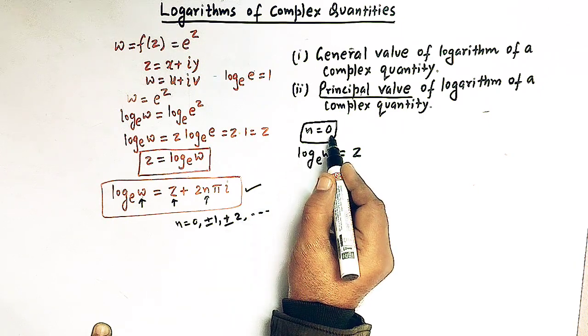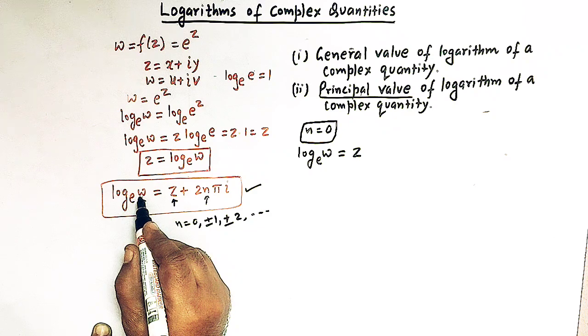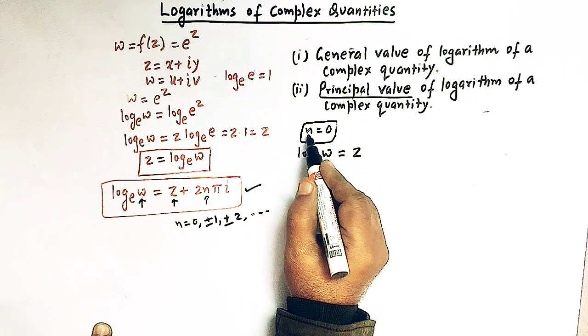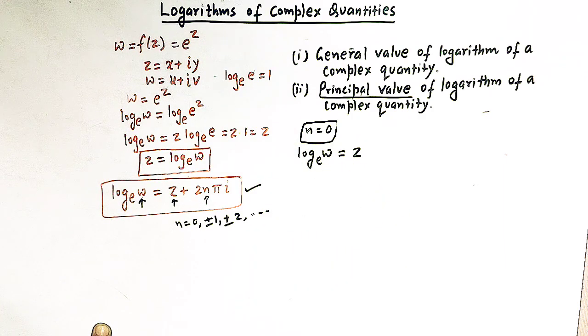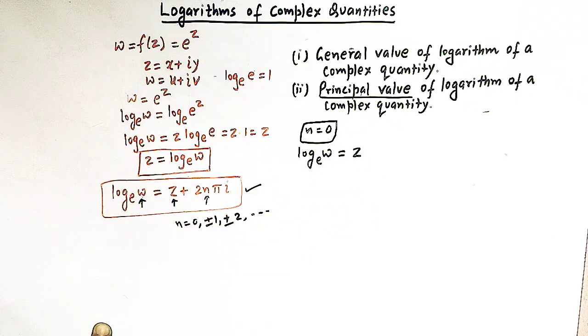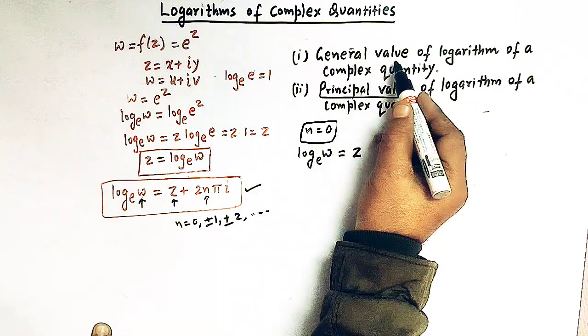So when n is equal to 0, then the logarithm of w is known as the principal value, right? And when n is any other positive or negative integer except 0, then the logarithm of w is known as the general value, right?